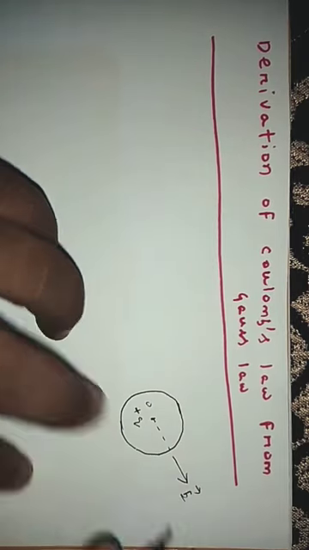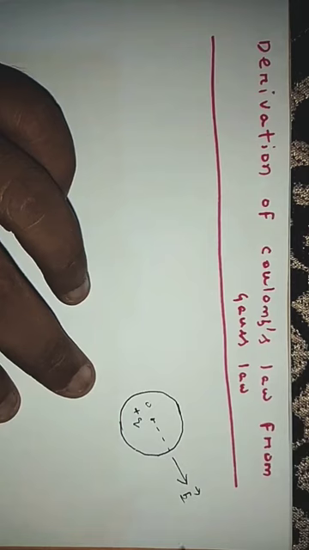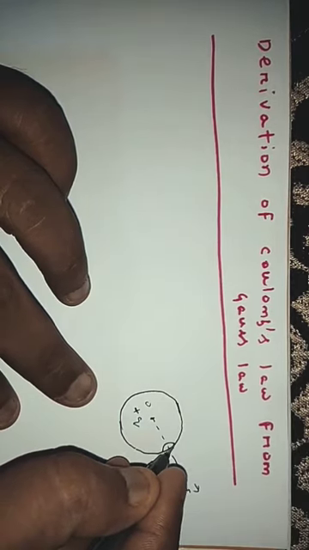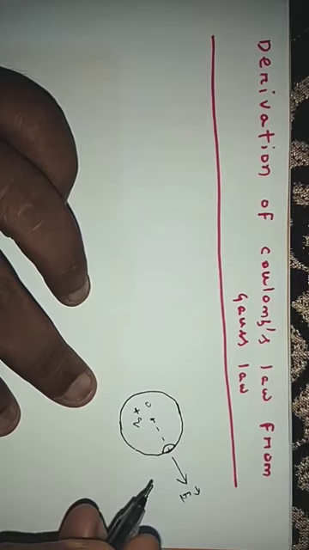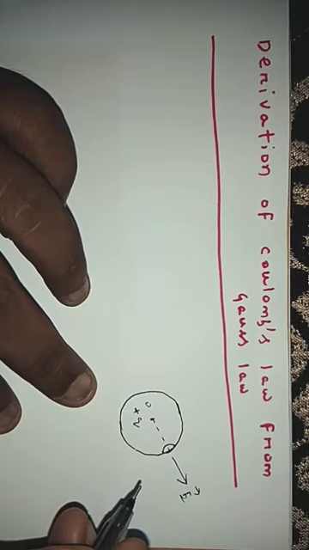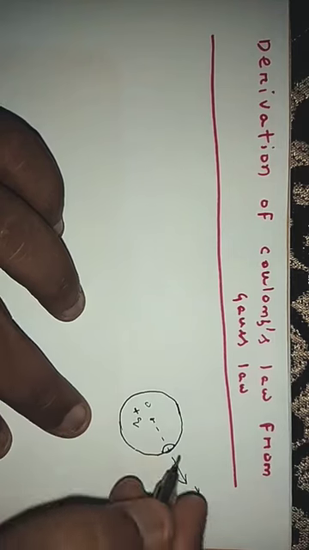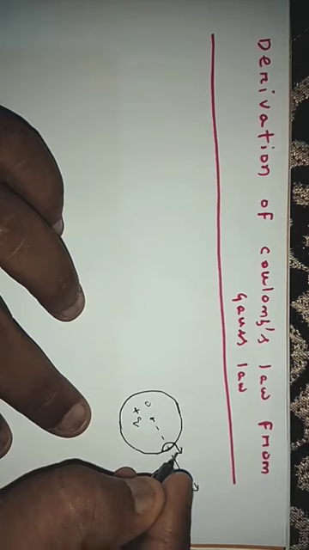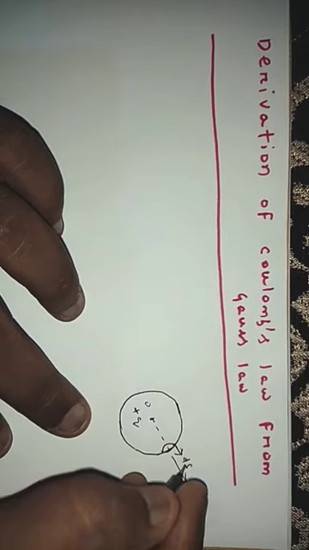This is the direction of E. Consider a small element area ds on the surface of the sphere, which is directed radially outwards. This is the direction of ds.